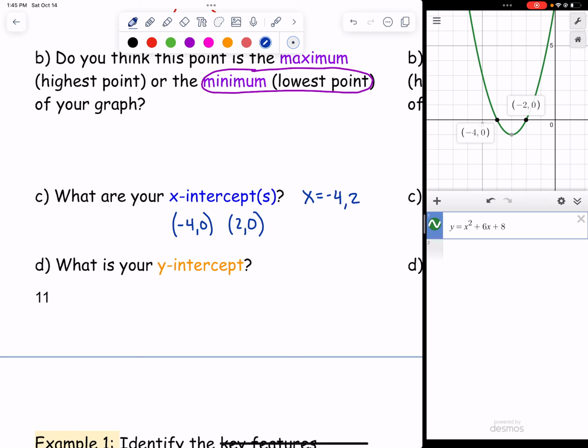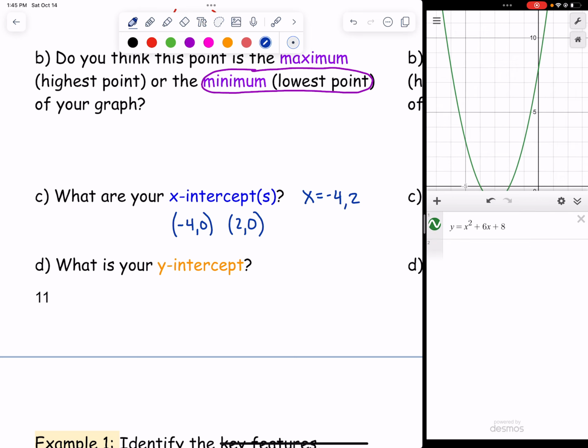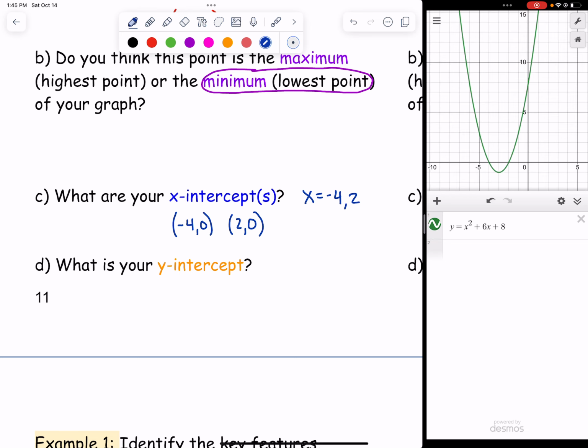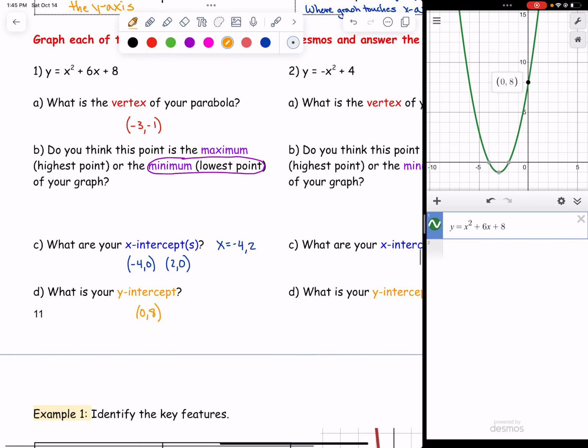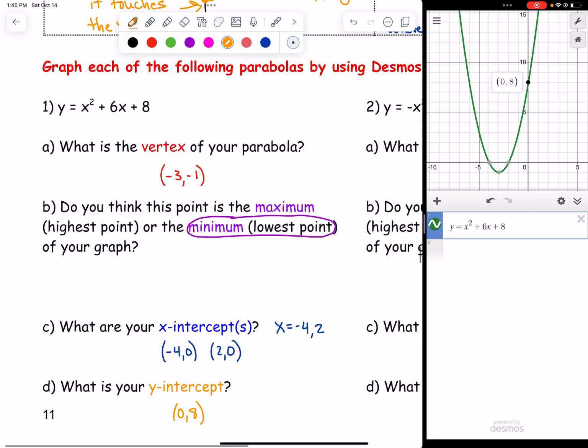And then let me click off of those again, and let's find the y-intercept up here a little bit. (0, 8). So let's jot down (0, 8) is our y-intercept. So notice x equals 0 for the y-intercept and y equals 0 for our x-intercepts. And then let's add one little thing that's not here yet: our axis of symmetry. The axis of symmetry always goes with the x value of your vertex, so it would be x equals -3.